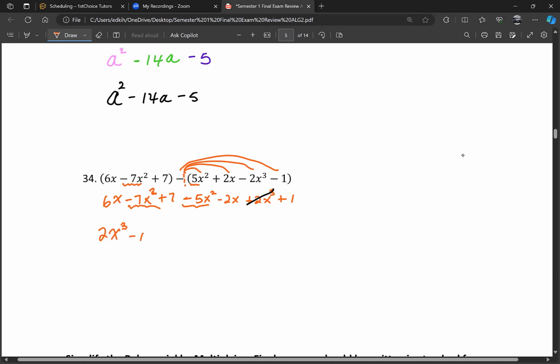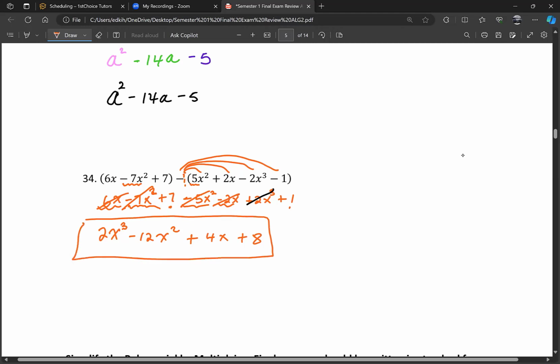That's a negative 12x squared. That covers this one and that one. The next thing on our agenda is the 6x minus 2x. That becomes a 4x. So these are gone, taken care of. And then we have a 7 plus 1. So that makes it an 8. And there you have your answer. Oh, I forgot to box the one above it. Let me go ahead and do that.